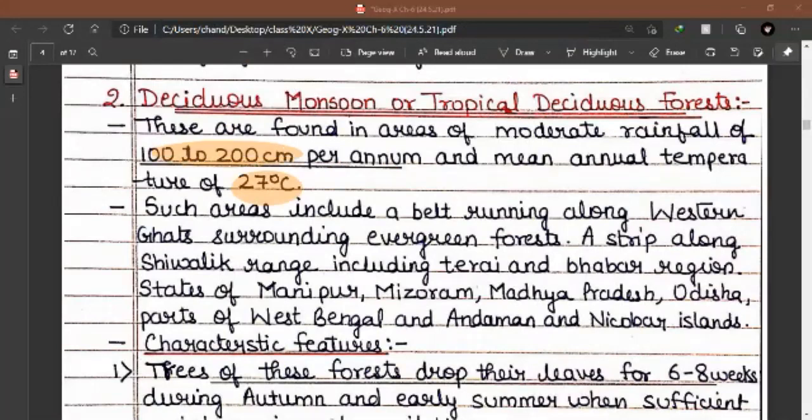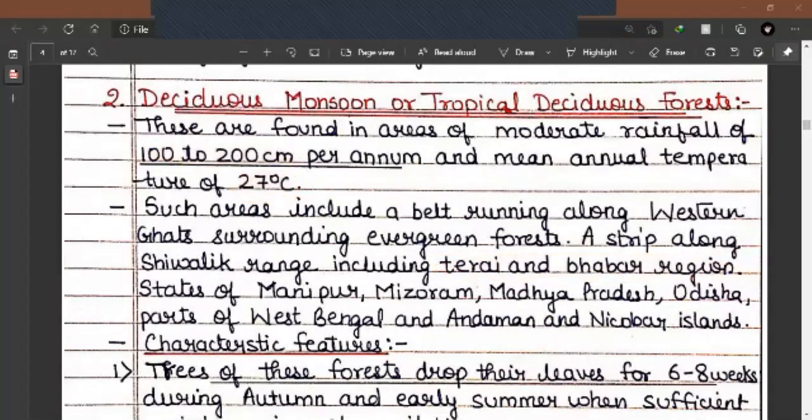Such areas include a belt running along Western Ghats surrounding evergreen forests, a strip along Shivalik Range including Tarai and Bhabar, states of Manipur, Mizoram, Madhya Pradesh, Odisha, parts of West Bengal, and Andaman and Nicobar Islands.